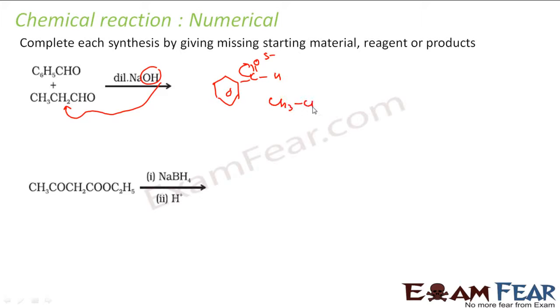And this carbanion will attack this carbon here, right? And that's how it will form this compound. When you heat it, you get this. You can draw the mechanism. You get this.